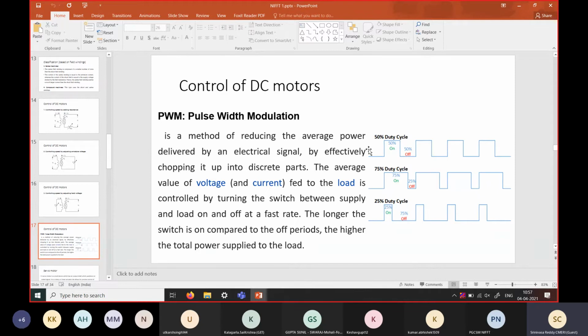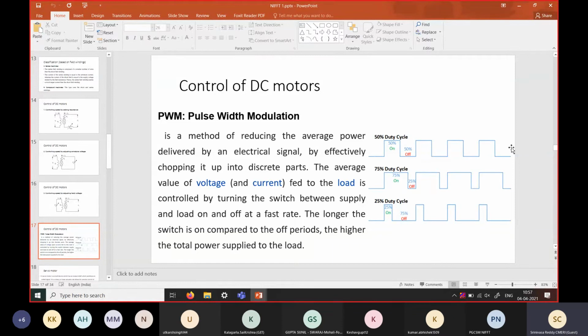Now suppose I take a 5 volt source and apply this PWM with 50% duty cycle, what happens? The 5 volt is supplied 50% of the time and switched off 50% of the time. Effectively, the average voltage level falls to 2.5 volt.